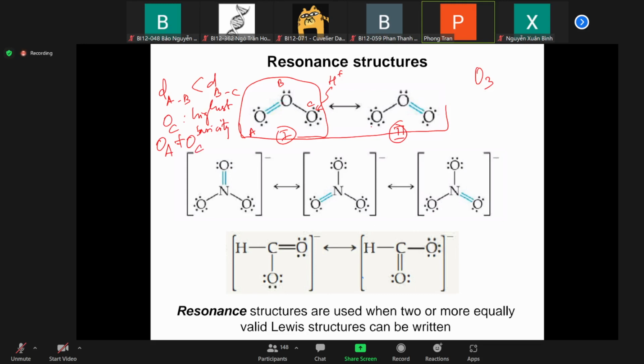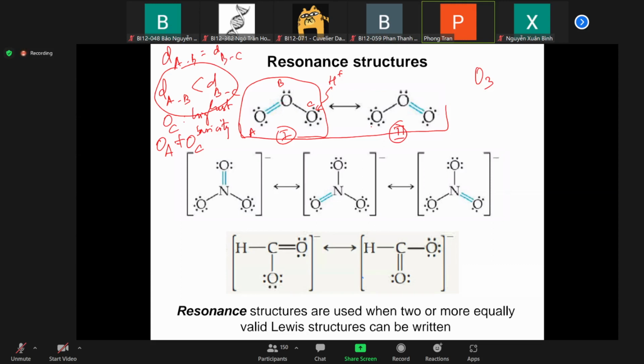But experimentally, when you put the proton in this compound, you cannot distinguish A and C. And when you measure the structure, you see identical bond distances between oxygen A, B and oxygen B, C. That means in reality, you have d(AB) equal to d(BC). That means A and C are identical.